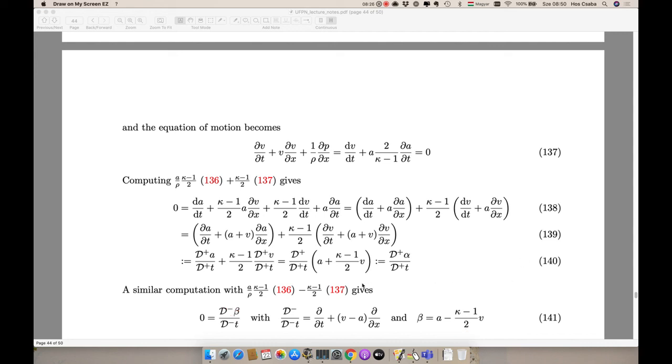And then the rest is very similar. Again, the characteristic lines are V plus A and V minus A.